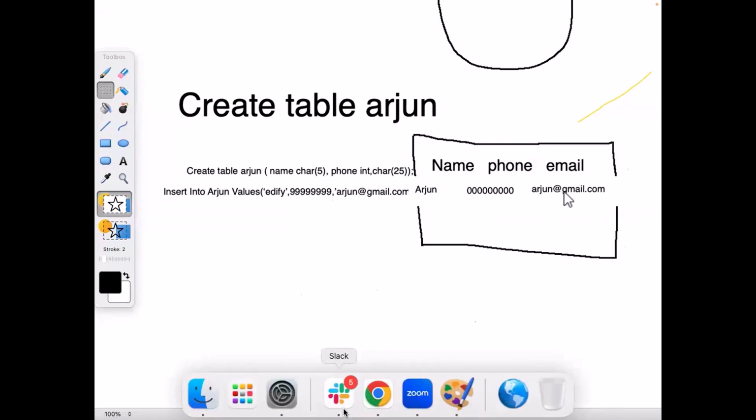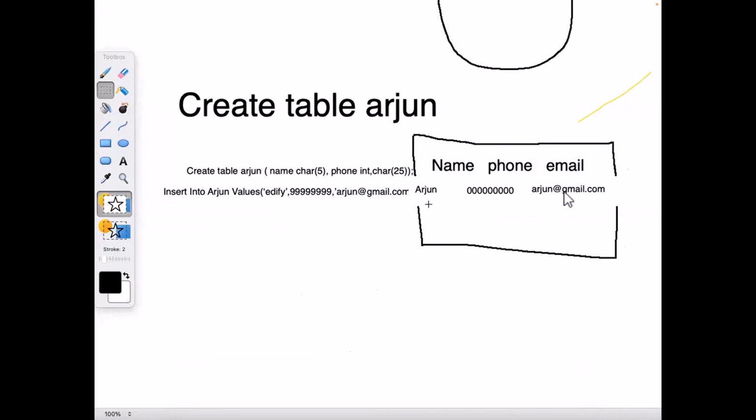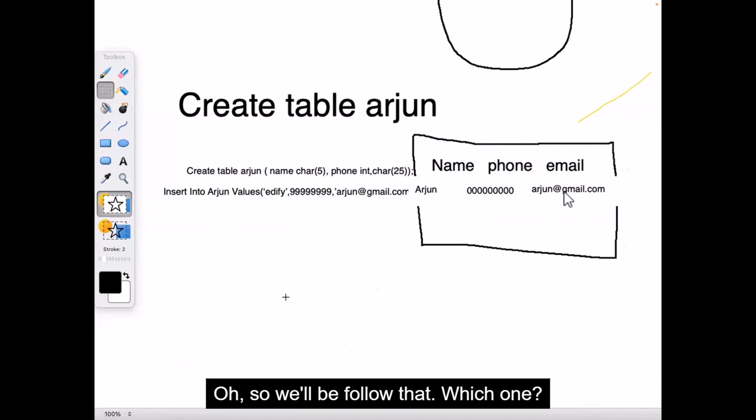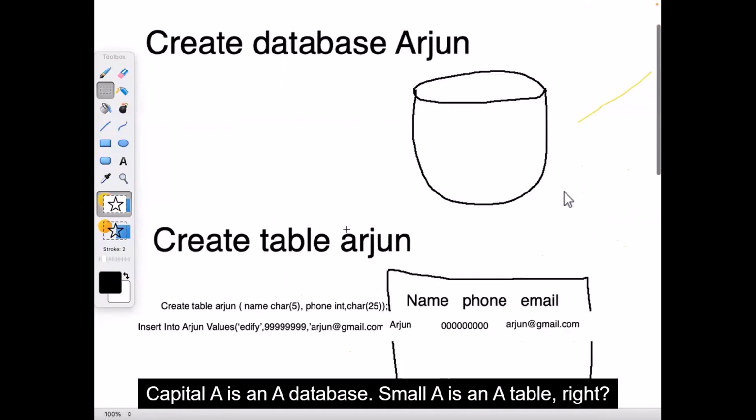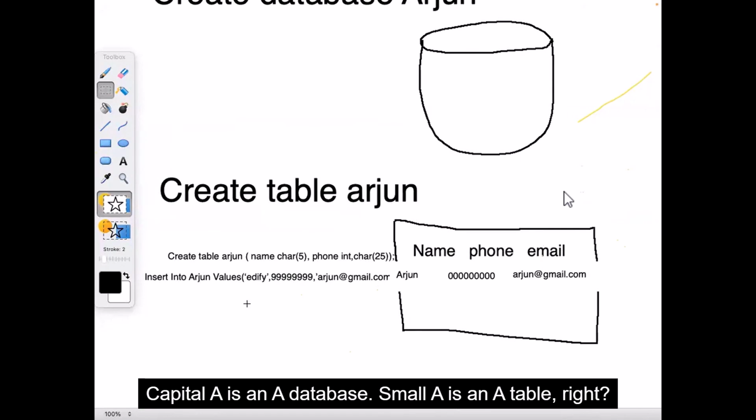But this capital name is the database name. Which one? Arjun. This one, insert into Arjun, is the table. Capital A for database, small a for table. So we follow capital A as the database and small a as the table, right?